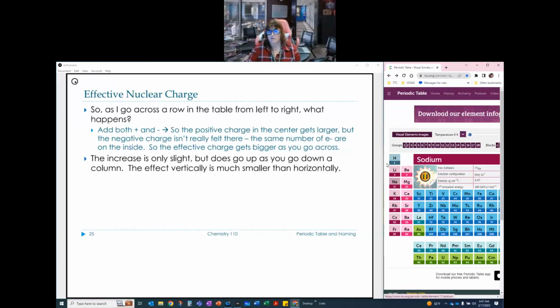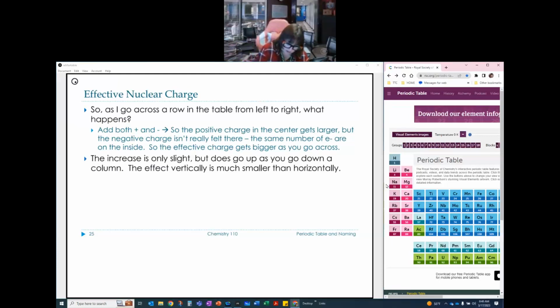So even though stuff in row 3 is going to be bigger than row 2, it's not as big of a change as we would see as we go across the table. So effective nuclear charge is higher as I go from left to right. It's also higher as I go from top to bottom. So effective nuclear charge is that. Questions about that?